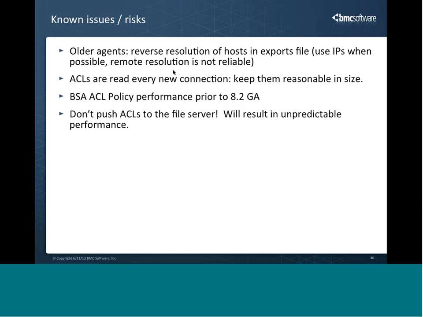If there's any possibility that your agent will not correctly look up reverse DNS, definitely lean towards using IP addresses. We've had a number of agent stability tickets filed, only to find out that those boxes aren't able to actually resolve those names. The ACLs are read on every new agent connection, so try to keep them at a reasonable size.